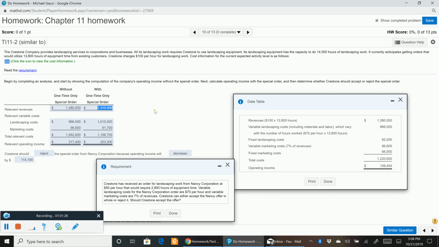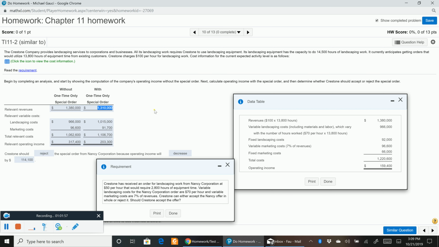That gives us a certain amount of hours. So let's take 14,500 minus 2,800. That gives us 11,700 hours that we can bill to regular customers times $100 an hour. That is $1,170,000. If we add that to the $140,000 we're getting from the special one-time client, you get $1,310,000.